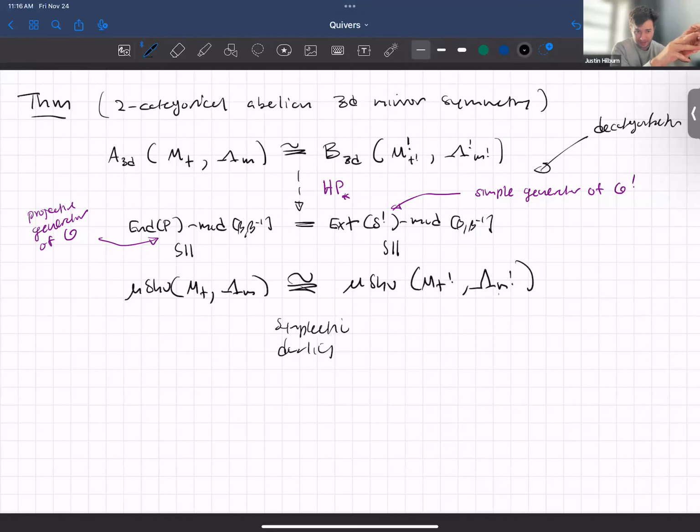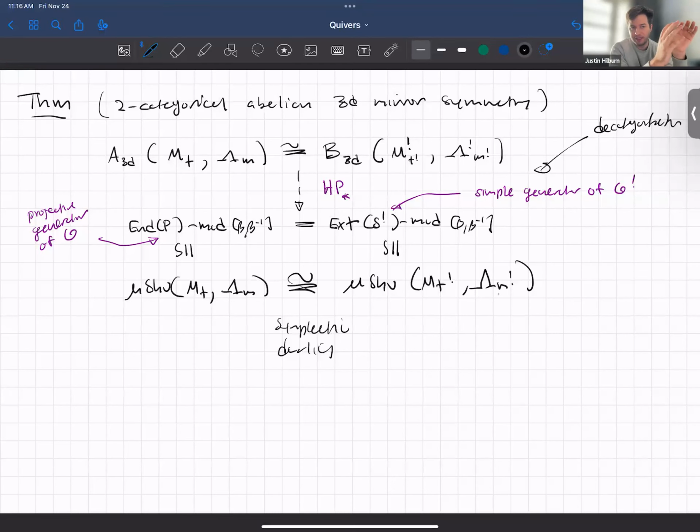What you end up getting is, on the B side, a 2D B model deformed by a Poisson bivector. And on the A side, you basically get a 2D A model deformed by a B field, being the imaginary part of the complex symplectic form.